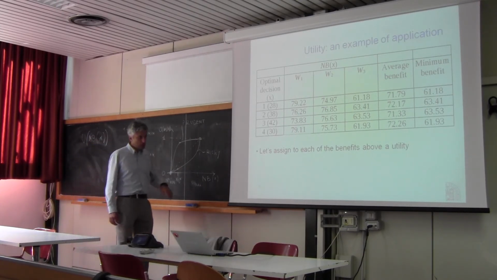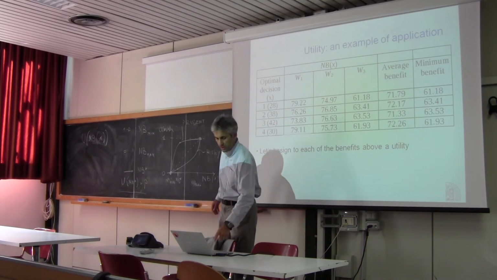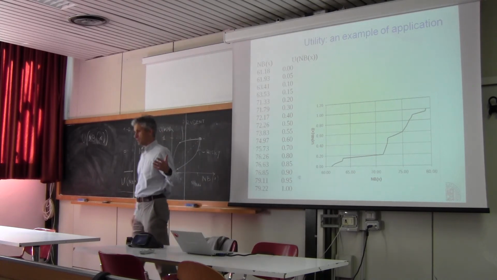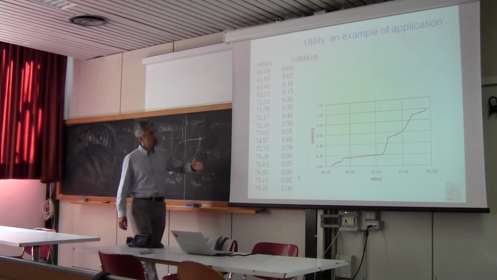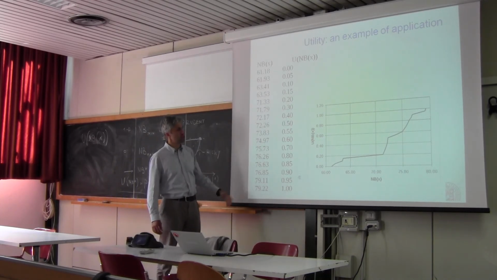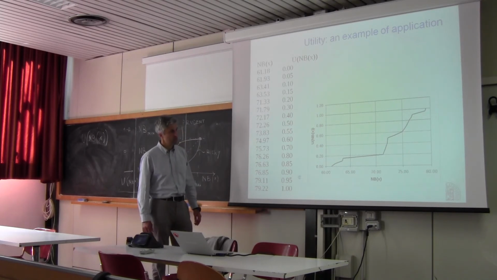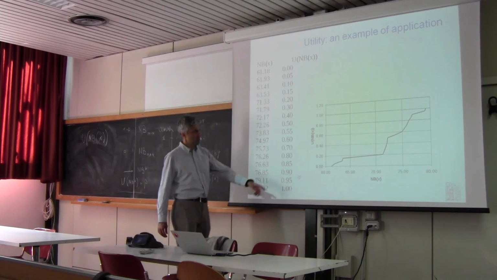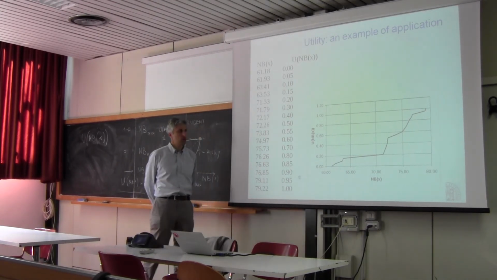Okay. This utility function, as I said, should be defined with interviews to the stakeholders. Let's suppose that it has this shape. This was done just by chance. And you see here in tabular form the utility function, and in graphical form there, from 0 to 1 is the utility, from minimum to maximum benefit is the benefit, and it has that form.